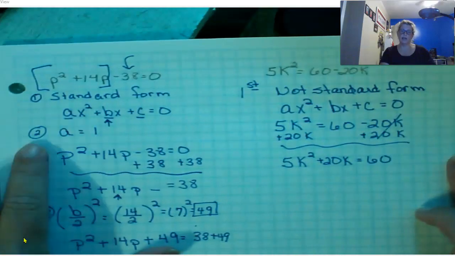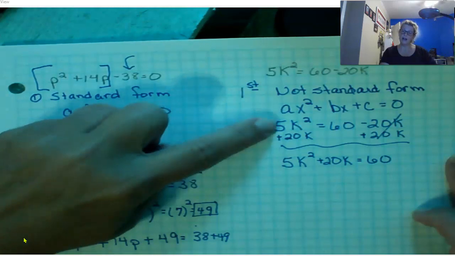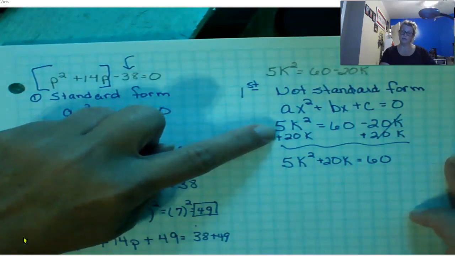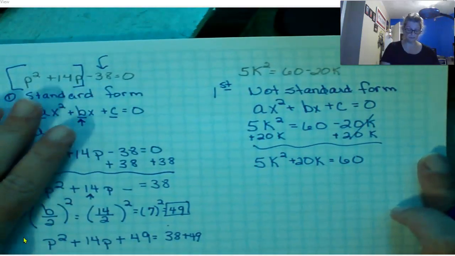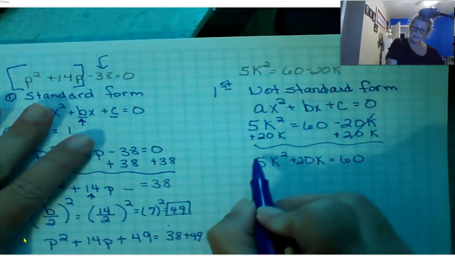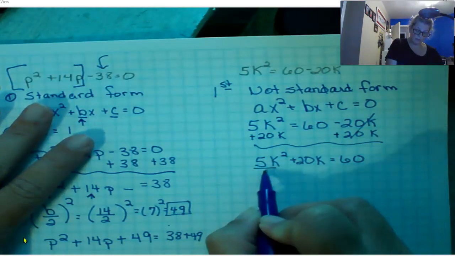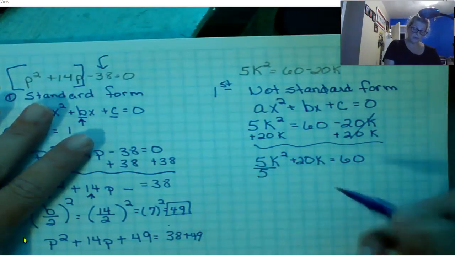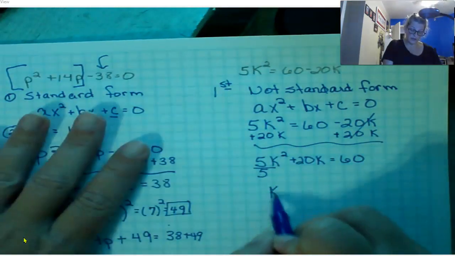Now the second thing we said was that our a needs to be equal to 1. Well, our a is 5 and it's not equal to 1. So I need it to be equal to 1. This k squared is being multiplied by 5, so I'm going to divide it by 5, because 5 divided by 5 is 1k squared.